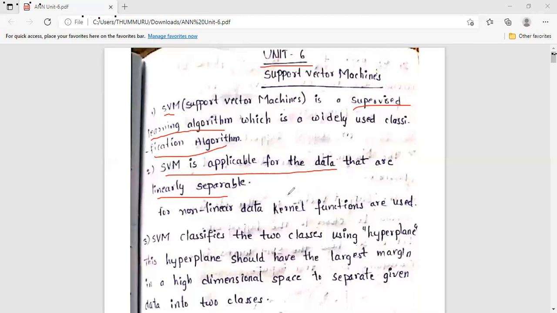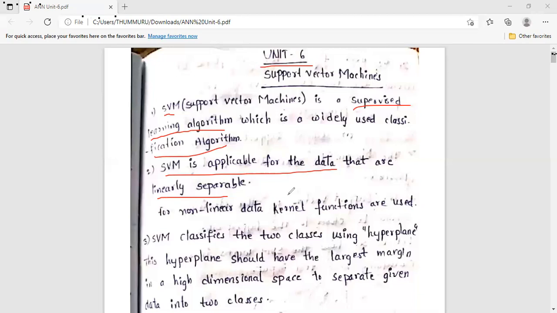Or if you want to separate the data points by drawing a non-linear separability, then you can use the multi-layer perceptron. And coming to the RBF networks, radial basis function networks, in radial basis function networks also, that concept is used for the binary classification purpose only.